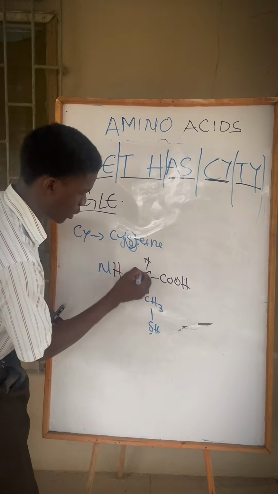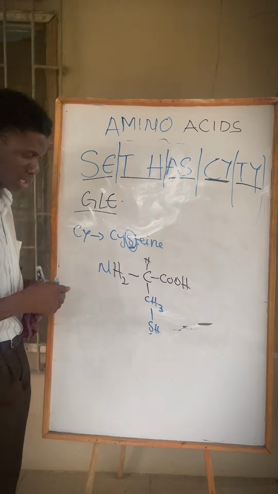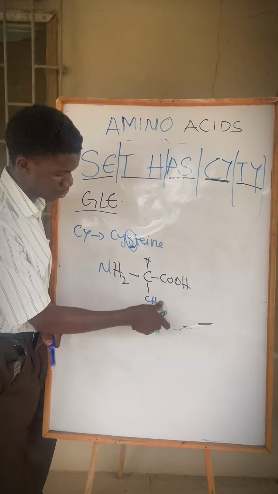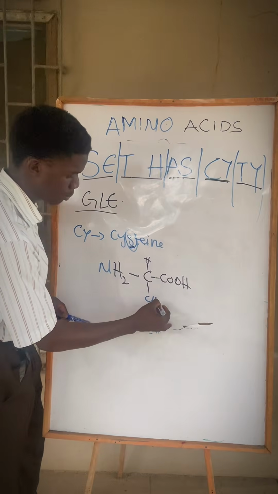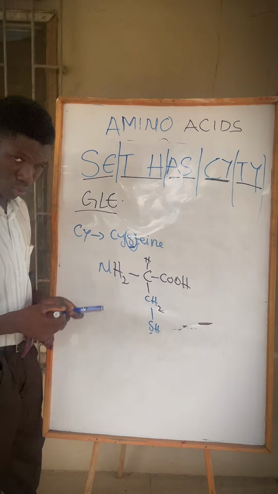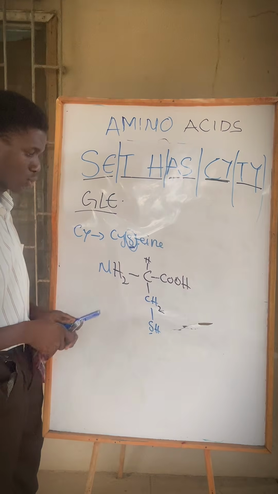This S is coming from cysteine. But is this thing correct? Carbon has how many bonds there? 5. So remove 1 and put 2 here. So 1, 2, 3, 4. Do you understand it? So this is the structure of your cysteine.